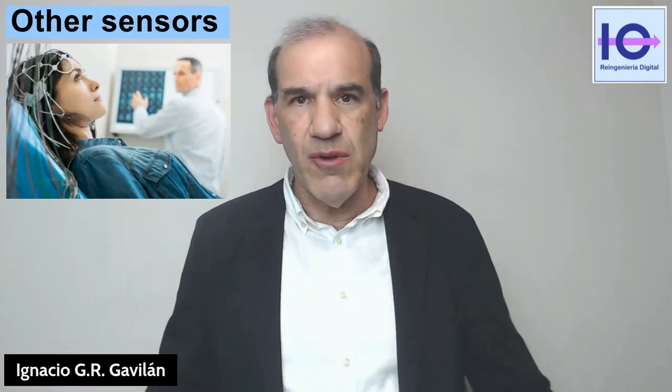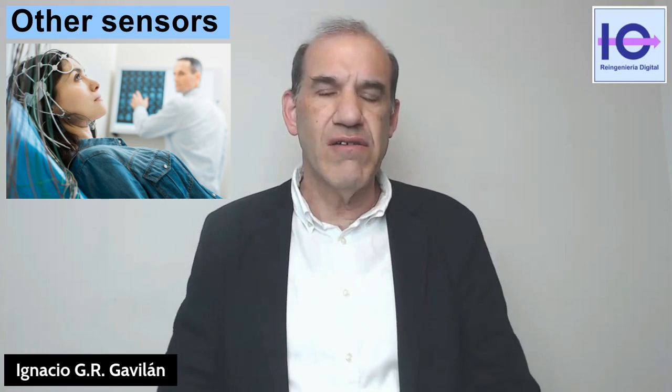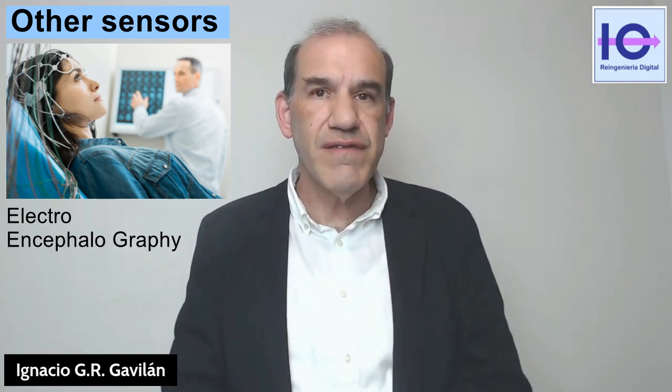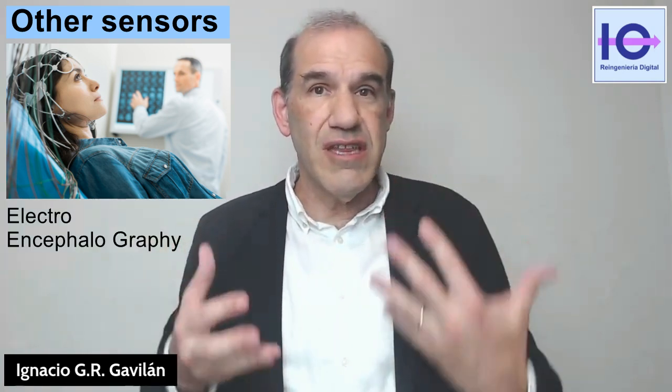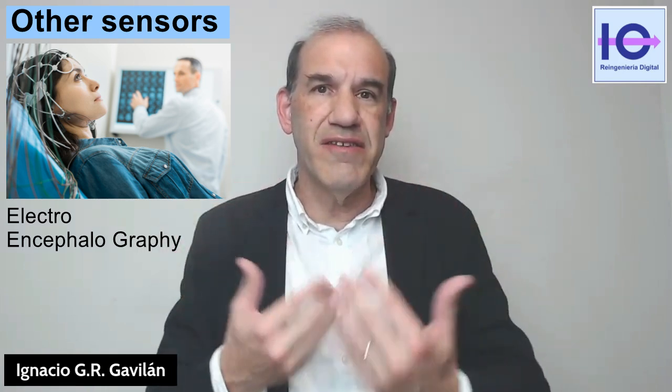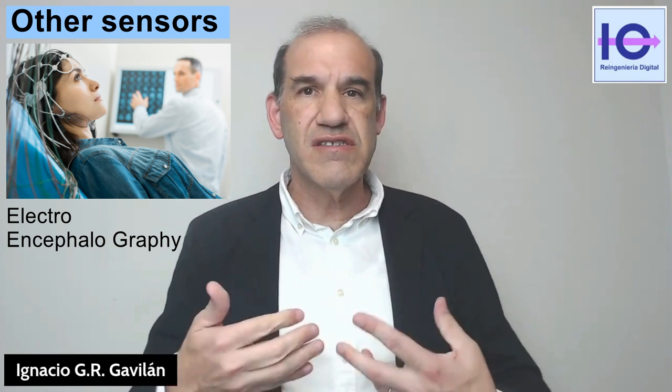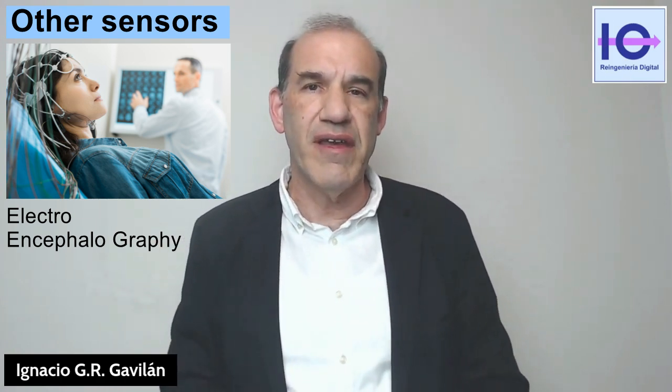And these are probably not the only ones, but the main sensors used by social robots for the sake of affective computing. But in other applications of affective computing, there are other useful sensors. For example, we can use electroencephalography. With electroencephalography, the sensors get information about the electromagnetic waves emitted by our brain.